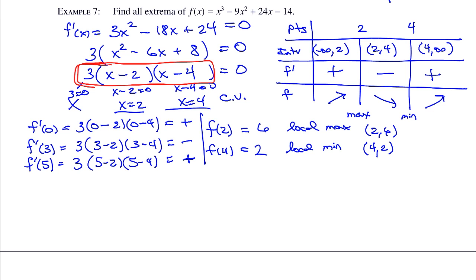You know that cubic polynomials have opposite end behavior. Okay? The lead coefficient is positive, so we know it's going to start down and it's going to end up somewhere. Using this information about the local extrema, we can now dictate the curves on the inside. When we get to x equals 2, it's going to go up to 6, and when we get to 4, it's going to come down to 2.